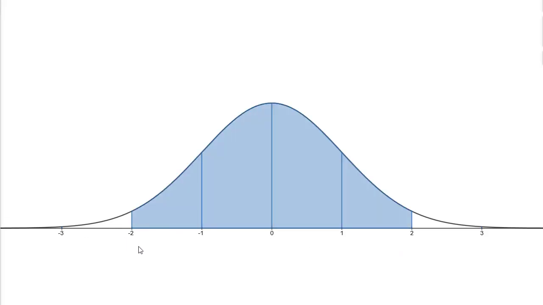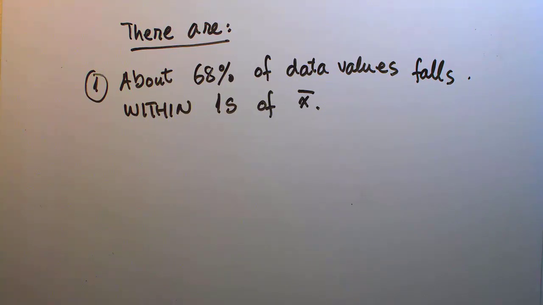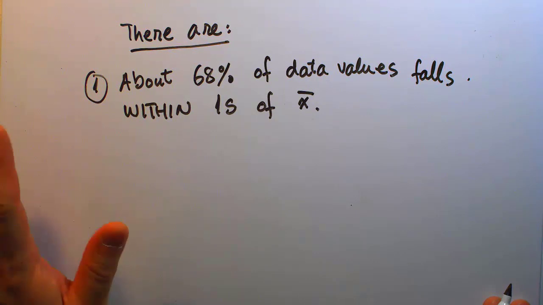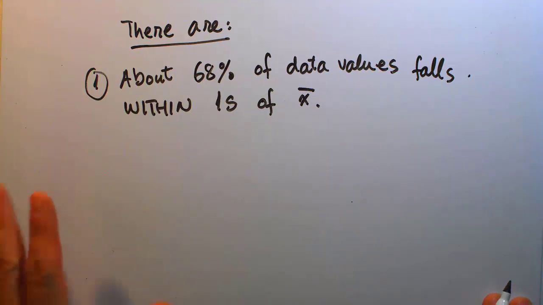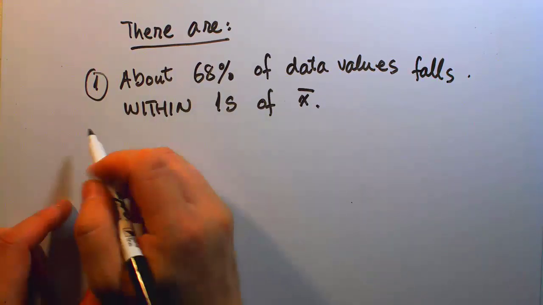What about the interval from 2 standard deviations below to 2 standard deviations above, as described by our picture? And notice it's not exact. It's not really twice the 68 amount. And so, back to my writing board. Once again we're on a bell curve, and as long as you're on a bell curve, it is guaranteed. So now statement number 2 of the empirical rule.